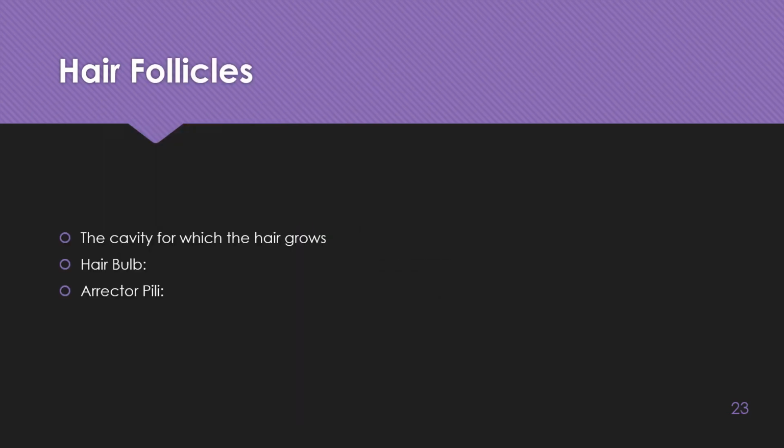Okay, so in terms of hair follicles, this is the cavity in which our hair grows, and there are two different components here. We have a hair bulb, which is a knot of sensory nerve endings that wrap around the hair follicle, and this allows the hair to serve as an excellent sensory receptor.